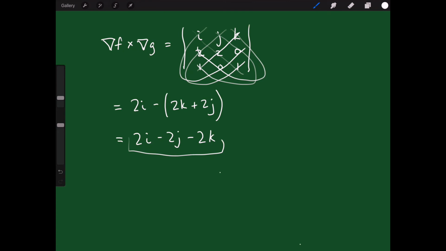Now I need to use this vector to get a line. Well, a line is going to be x equals x0 plus a component times t. What was the point again in this problem? It was the point (1, 1, 3). So I use the point, that's my x0, so 1 plus, now this is my direction vector, so I use 2t. y is equal to y0, which is 1, plus negative 2t.